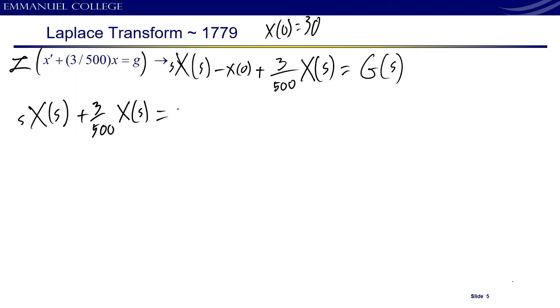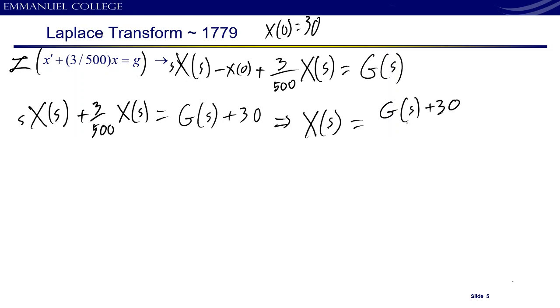And you can kind of see what I'm doing here. I'm going to add the 30 to both sides, so then I get g of s plus 30. Now I would factor out X of s and then just divide out the s plus 3/500. So that gives me X of s is equal to g of s plus 30, all divided by s plus 3 divided by 500.